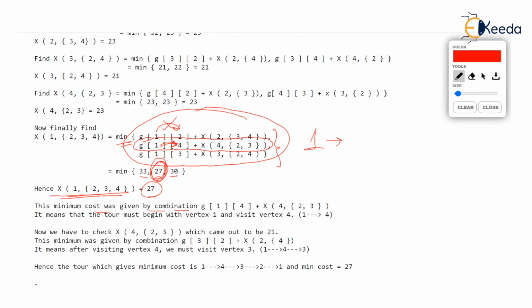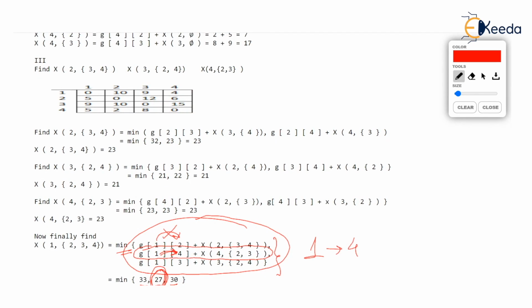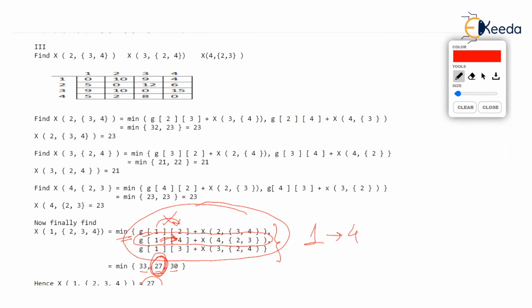Now what? Now go to the previous step, step 3. Now you are already at the fourth vertex because you have come from 1 to 4. So you will be checking this entry because you are already at the fourth vertex, isn't it? Now from 4, you have to decide whether you will go to 2 first or you will go to 3.